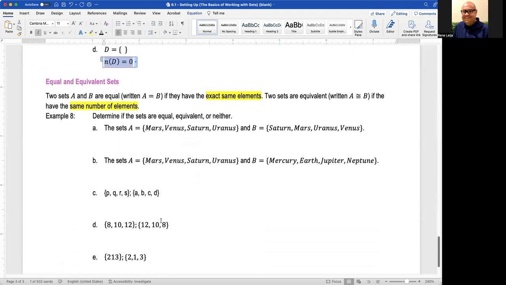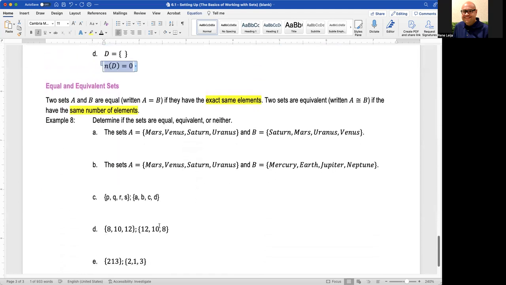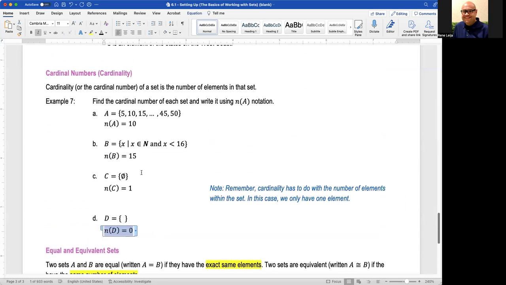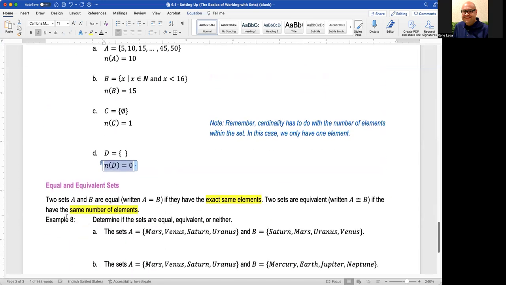Okay? All right. Now, the last few examples that we have, again, are going to be just as easy as the cardinal number. So we talk about equal and equivalent sets. So two sets, A and B, are equal, and we write it A equals B, if they have the exact same elements. Okay?